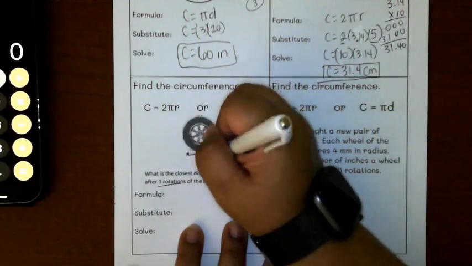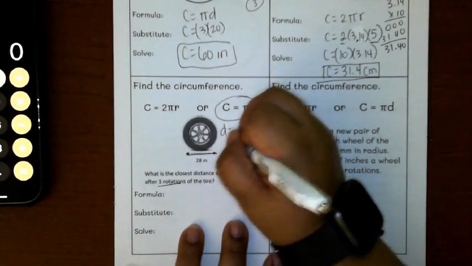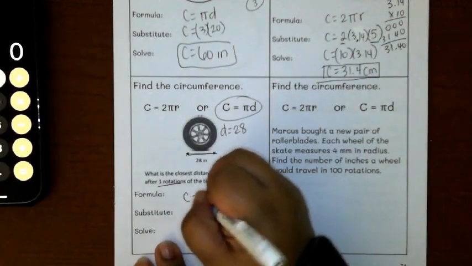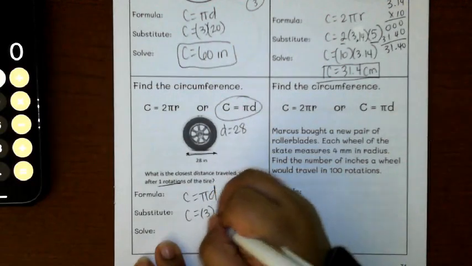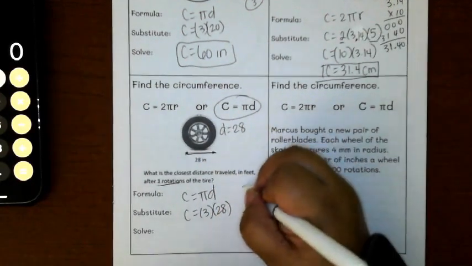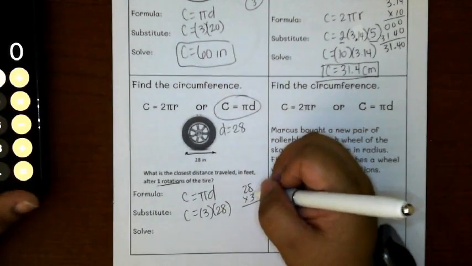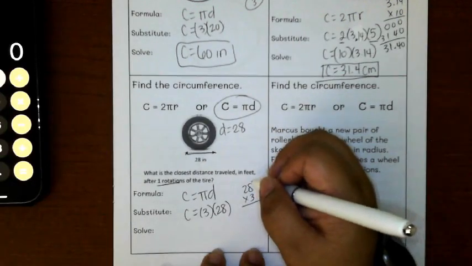So we are going to be using this because we have a diameter of 28. So C equals pi times diameter. C equals 3 times diameter, which is 28. Okay, so 28 times 3. I know that 8 times 3 is 24, if I'm not mistaken.